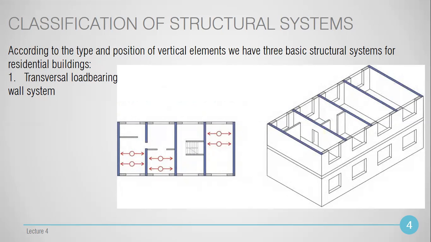Constructive grid means the dimension between the load-bearing walls, between each other, the dimension between two main bearing walls. So the constructive grid varies from 3.6 to 6 meters. But in some exceptional cases, we can have up to 7.2 meters between bearing walls.